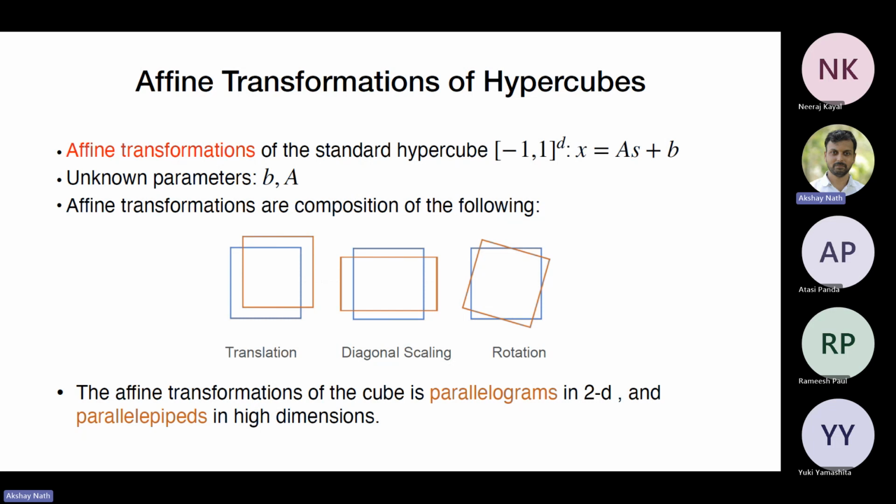The solution is not unique, so our goal is not to recover the exact B and A, but to get a distribution close to the distribution of x in total variation distance.